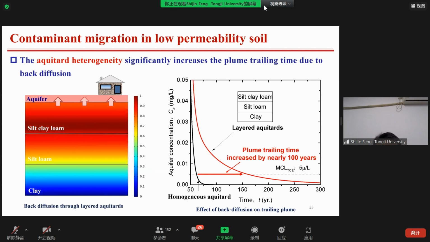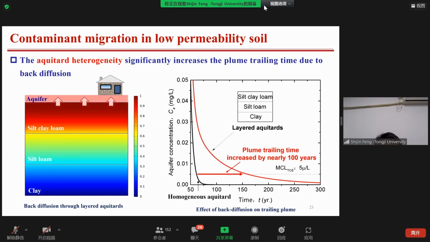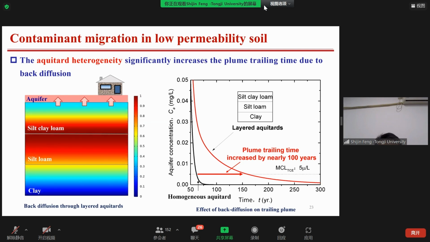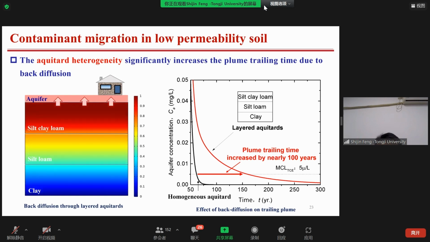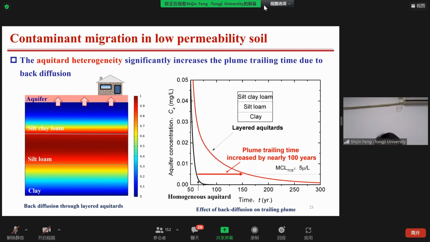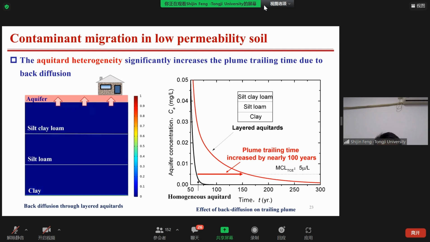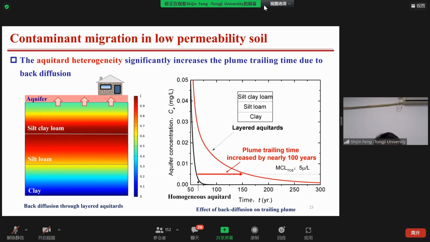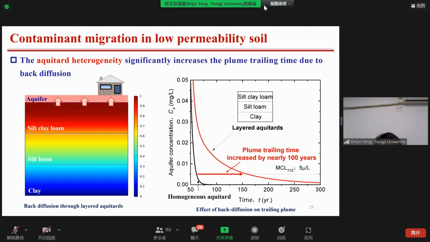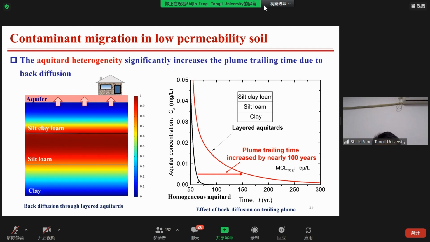Next, we compare layered and homogeneous low permeability soil cases and find that the soil heterogeneity significantly increases the plume trailing time by nearly 100 years.